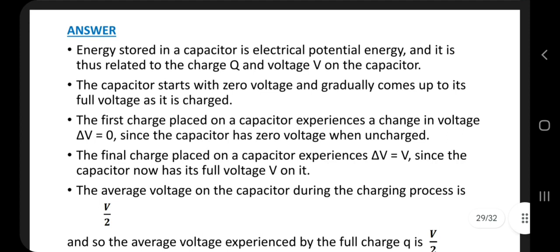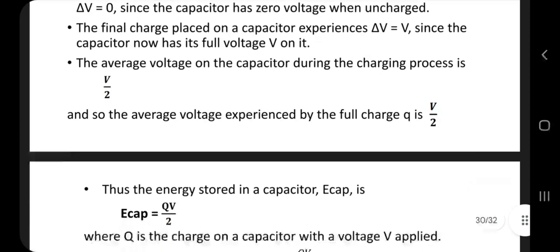The first charge placed on a capacitor experiences a change in voltage, that is delta V equal to 0, since the capacitor has 0 voltage when uncharged. The final charge placed on a capacitor experiences delta V equal to V. Since the capacitor now has its full voltage V on it, the average voltage on the capacitor during the charging process is V by 2.